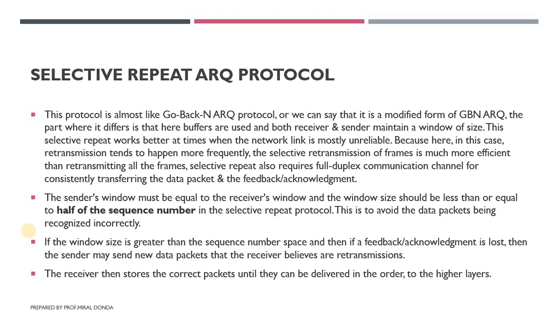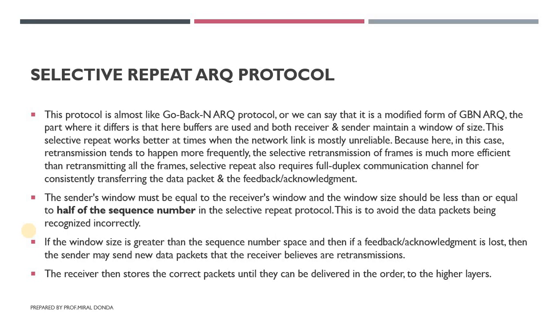This protocol is almost like the go back N ARQ protocol, or we can say it is a modified form of go back N ARQ. The part where it differs is that buffers are used, and both receiver and sender maintain a window size. The selective repeat protocol works better when the network link is mostly unreliable, because in this case retransmission tends to happen more frequently.